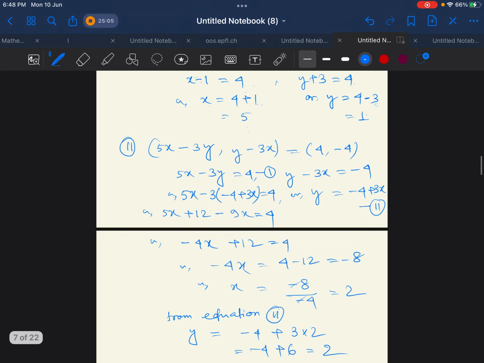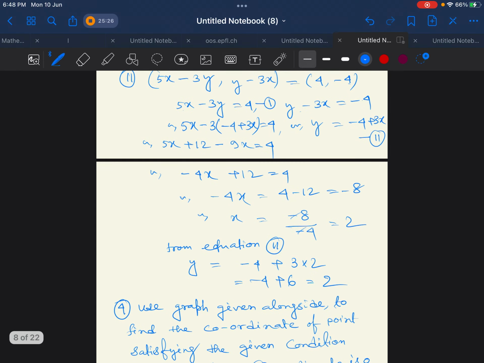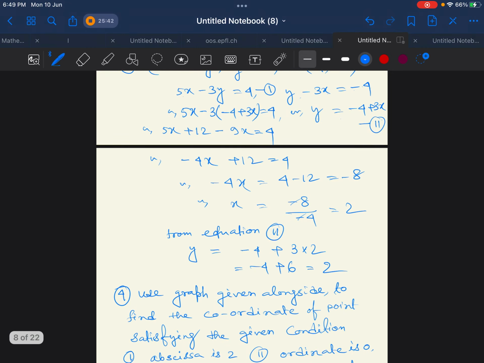Second question, 5x minus 3y, comma, y minus 3x is equal to 4, minus 4. The corresponding ordered pairs are the same, so their corresponding components are always the same. Okay, so 5x minus 3y is equal to 4 and y minus 3x is equal to minus 4. So here we calculate the value of y equals minus 4 plus 3x. We put the value of y in equation 1.